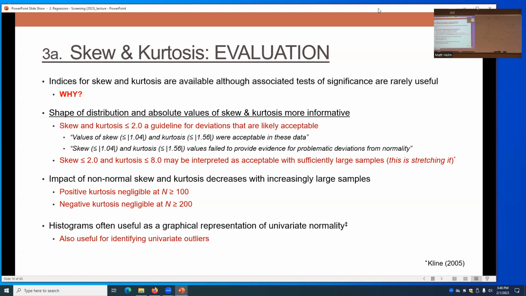Again, histograms are often a useful representation of our univariate normality, useful for identifying extreme values. Just know the drawback of histograms: they make a nice picture, but depending on how I set up my bins, I can get a very different looking picture relative to what's going on.